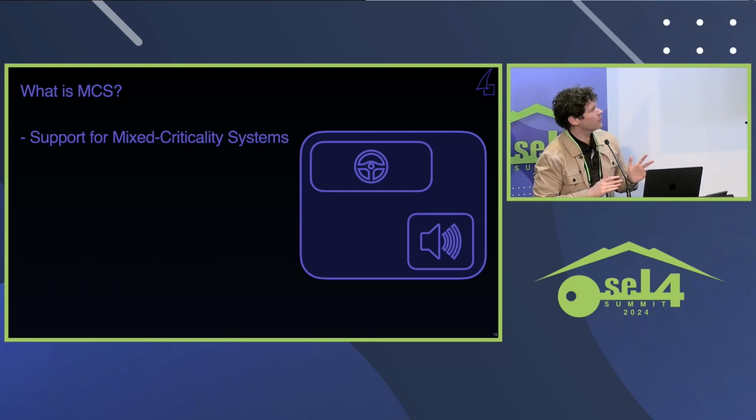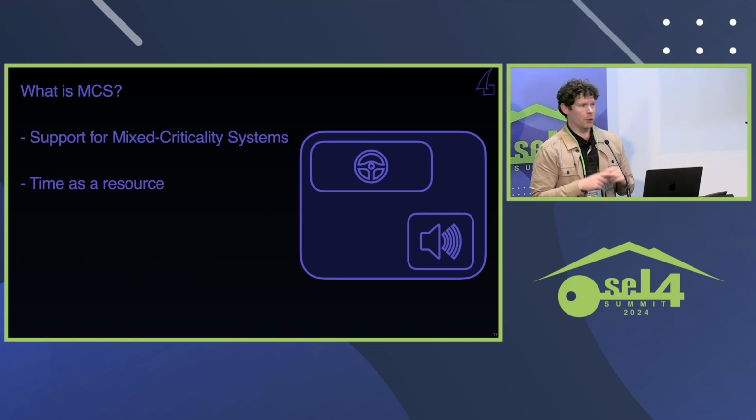The way that we do it is by using MCS. MCS provides us ways of designing systems where this kind of thing never happens. So how on earth does it do that? The idea is that it uses time as a resource. We're probably used to thinking of system memory as a resource. We would be very interested in who has access to the memory, at what times, what kind of access, all this sort of thing.